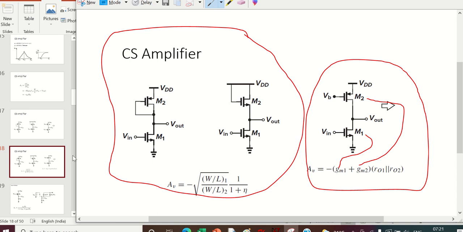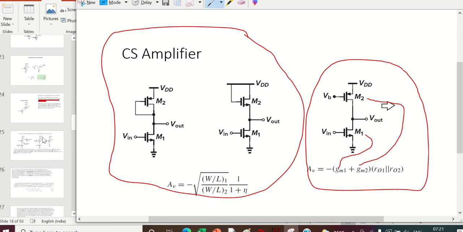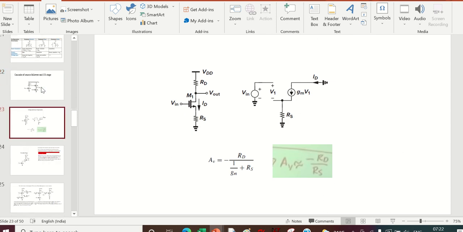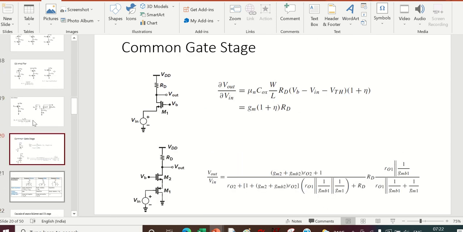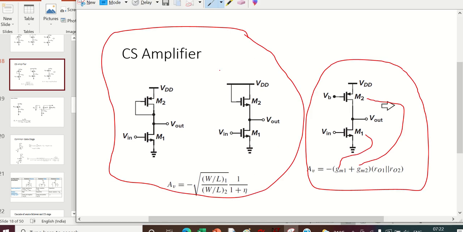So you should do three transistors with the NMOS, and then the equivalent PMOS. I'll see if I have all the PMOS equivalents here. No. So your task is to do the NMOS and the PMOS of all these three. So a total of six circuits you must do. All these three are NMOS.